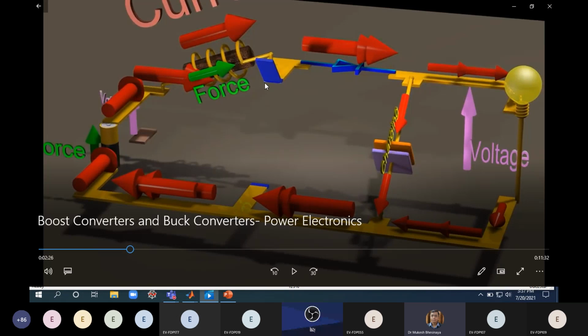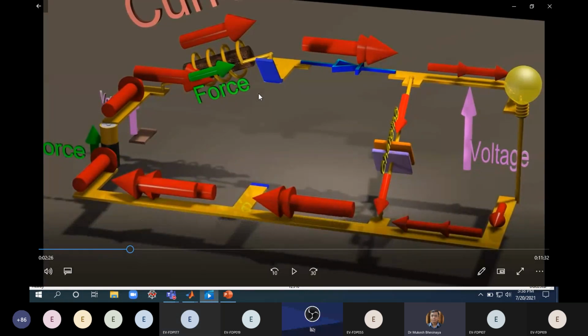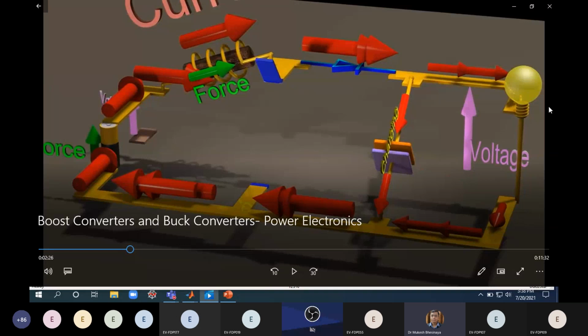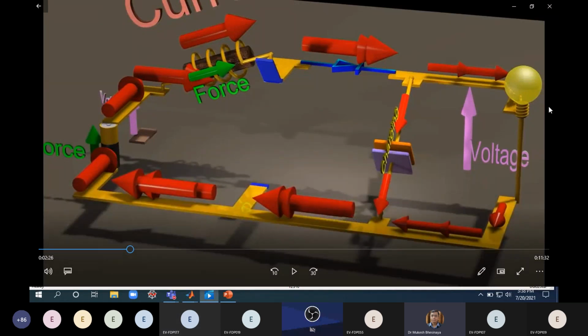Then when you open the switch, the diode is forward biased, and whatever energy is stored in the inductor is transferred to the capacitor and the load, right? By properly applying the duty cycle or the switching signal to the switch, you can keep this voltage higher than the input voltage, and hence this is known as a boost converter.